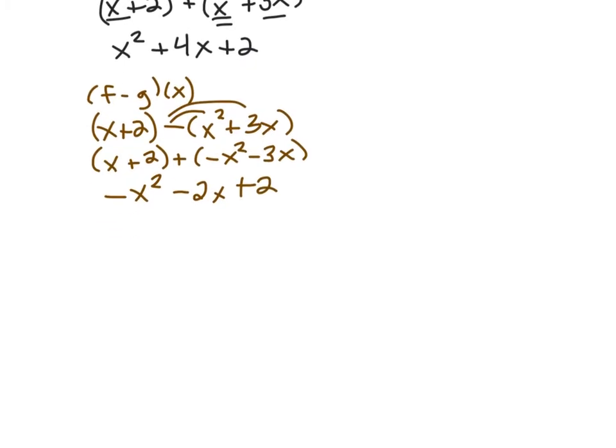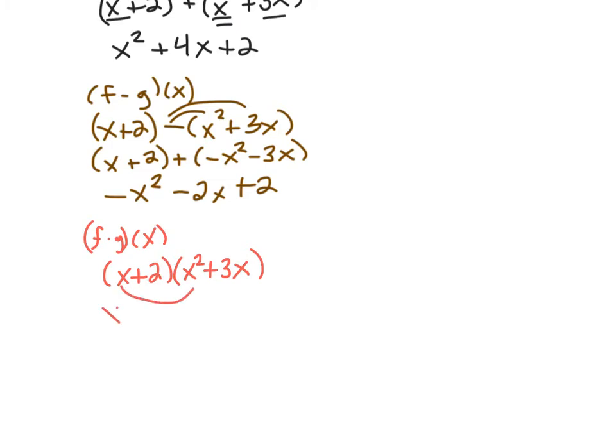For the product, when we're multiplying two functions, so we have f times g of x, same idea applies. We'll take the first one, x plus 2, and we'll multiply it by the second one, which is x squared plus 3x. Now in this case, when you have two polynomials multiplied in these parentheses, we're going to do the FOIL.